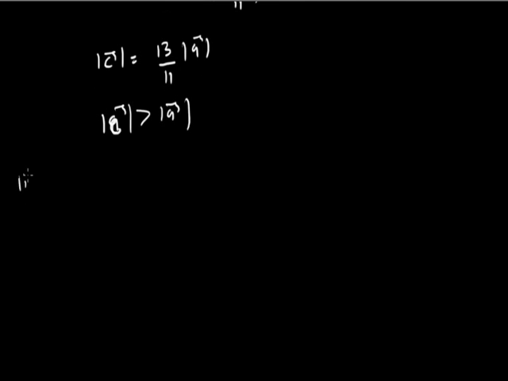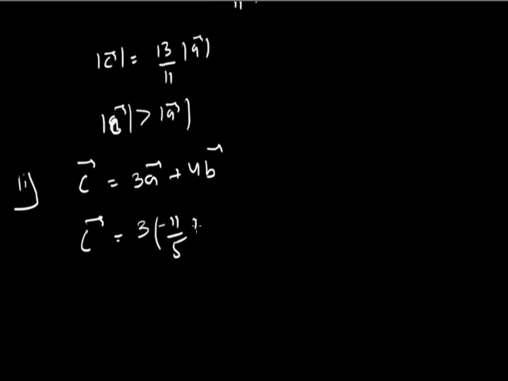Second part: c vector equals 3a vector plus 4b vector. Now put the value of a vector. c vector equals 3 times minus 11 by 5 b vector plus 4b vector. That is minus 13 by 5 b vector.